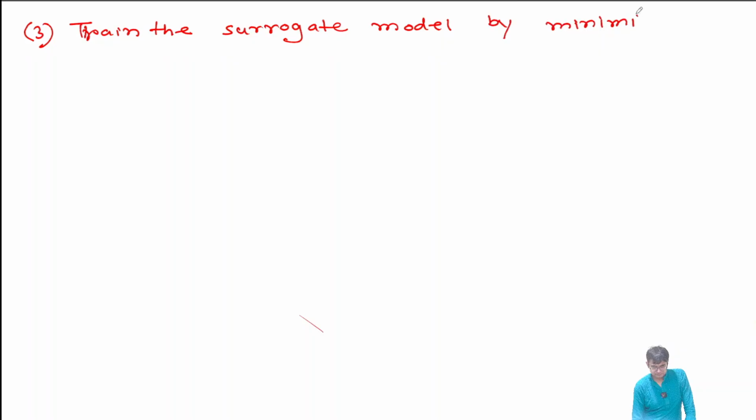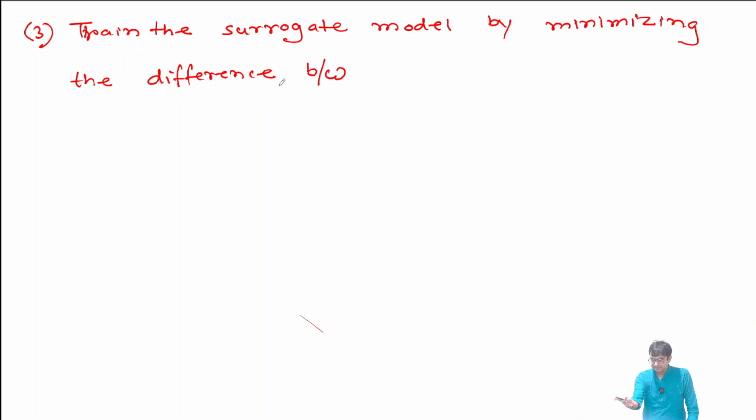So, step 3 is train the surrogate model by minimizing the difference between, and this difference is a statistical difference, you can imagine it like a loss function or it can be like a likelihood and all of those things, which we will discuss when you go to surrogate model.